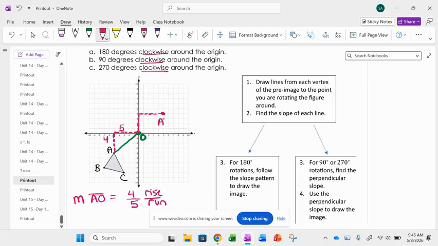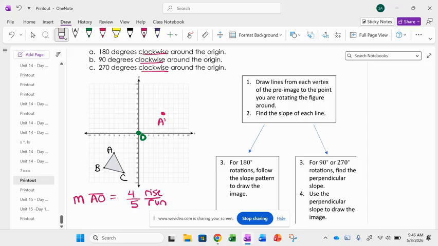And this is my A prime. Now I'm going to erase all my lines in my slope because that just gets confusing, right? So we erase that. Found my A prime, we're good there. Am I finished with this rotation? No, we're going to do the same process for the other 2 points.